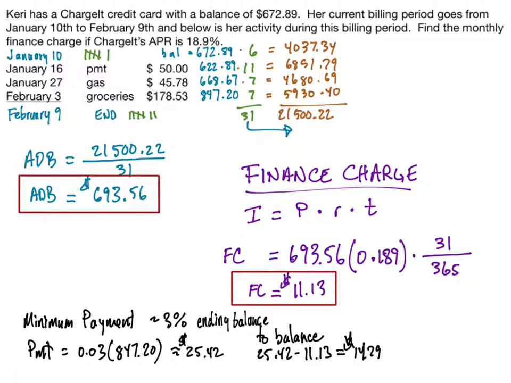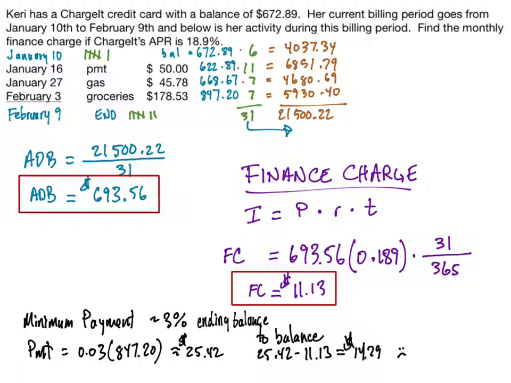So out of that $25 payment, 14 of it knocks her balance down a little bit. $11 gets burned up. And so this is why they always say, never just make that minimum payment. Because if I made an additional $5, all of that $5 would go towards my balance. Or if I doubled my payment, I would knock that balance down quite a bit. So it's sad to only make that minimum payment.